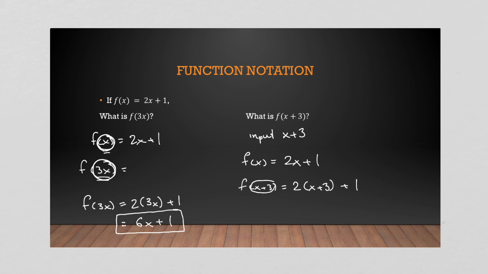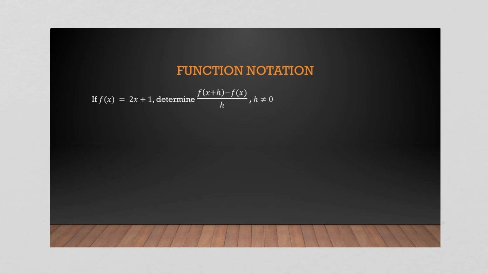All of this gets substituted in where you had an x. And then we distribute, so you get f of x plus 3 equals 2x plus 6 plus 1, so 2x plus 7. It's kind of interesting. I like it. And you see it more and more as your math progresses, especially when you get into grade 12 transformations of functions.